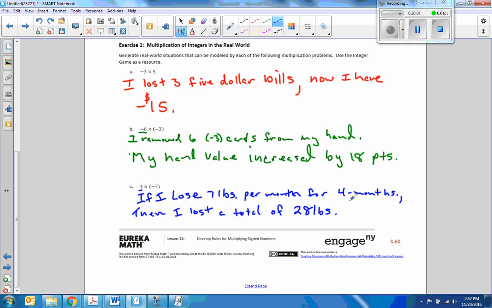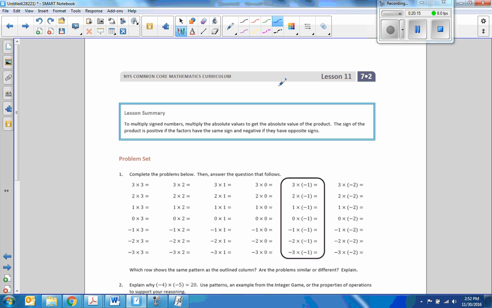Okay. That's to be negative. My weight changed from negative to... okay, I believe that's it. Yes, so that's the end of the lesson. Go do your problem set.